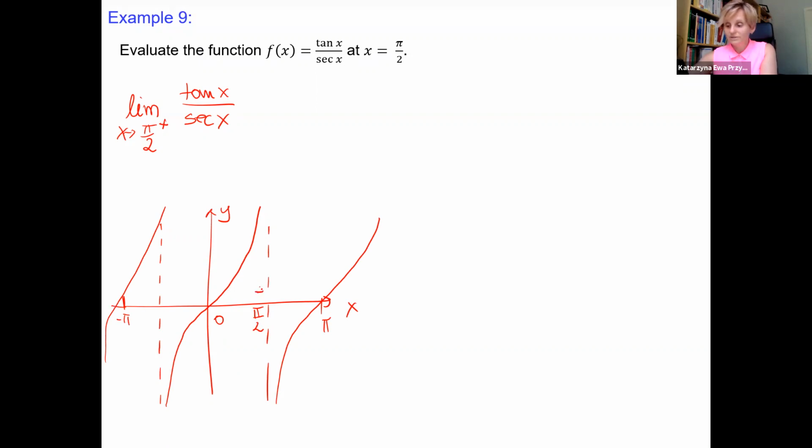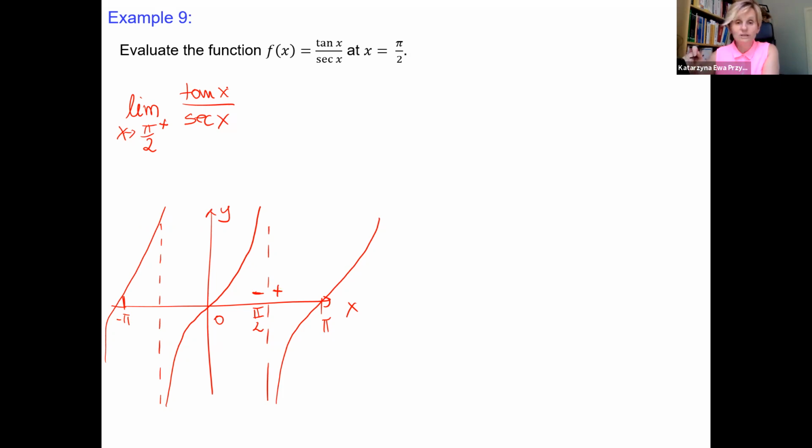And we can see this is the right-hand side, this is the left-hand side. On the left-hand side, the function goes up. On the right-hand side, the function goes down. That's negative infinity, positive infinity is involved.